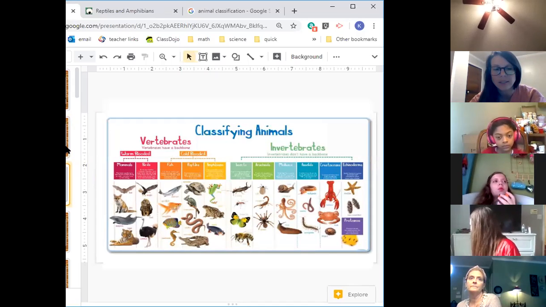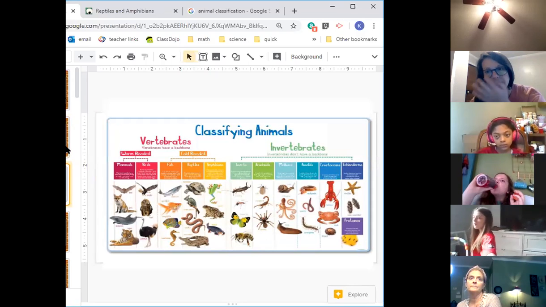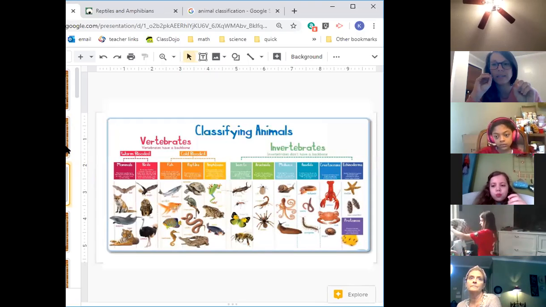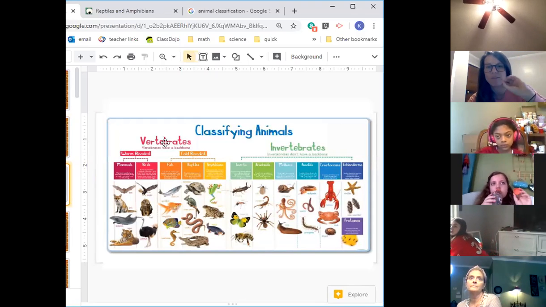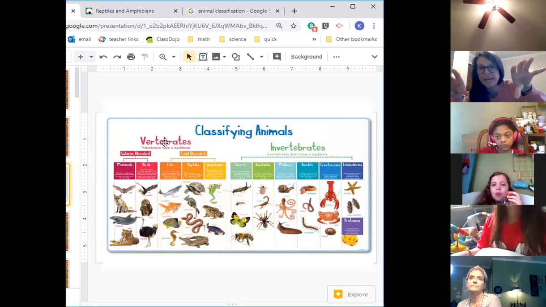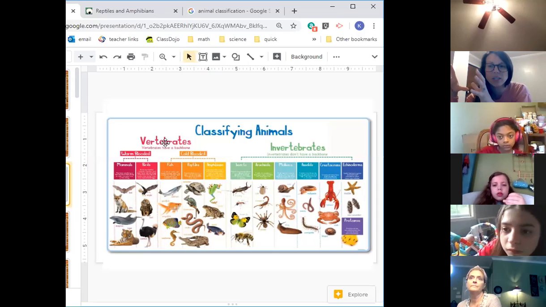So this picture gives us an overview of how we classify animals. We're going to make it a lot simpler in 5th grade. We don't have to go all in depth. You'll do that more in 7th grade. But basically what you need to know is we're first going to classify animals between vertebrates and invertebrates. After that, we're not really going to touch invertebrates too much.